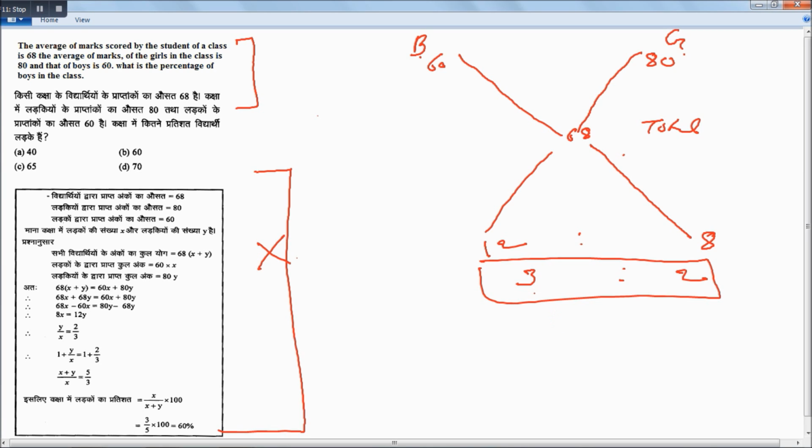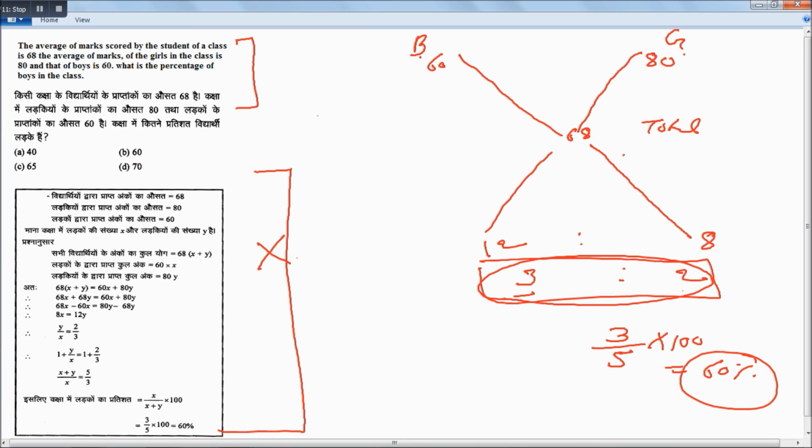The percentage of boys is 3 divided by 5, because the total number of students is 5 and in that 3 are boys. 3 divided by 5 into 100 is 60%. So the answer is, students, option B.